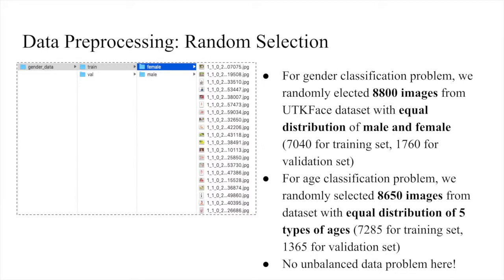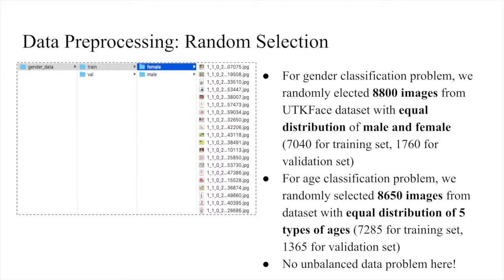To pre-process our data, firstly, we randomly select images to fulfill our training set and validation set. For the gender classification problem, we randomly select 8,800 images from the UTK face dataset with equal distribution of male and female. For instance, on the left-hand side, in the training set folder, the number of female images is exactly the same as the number of male images.